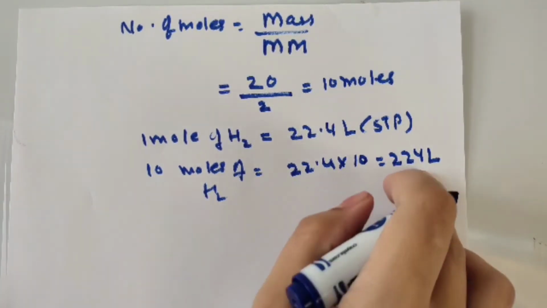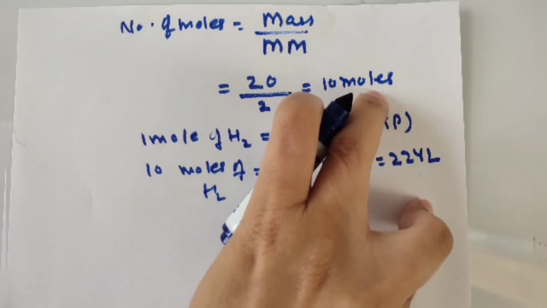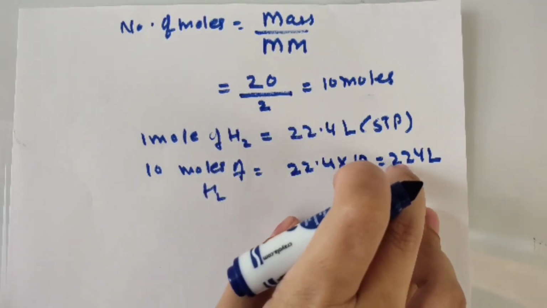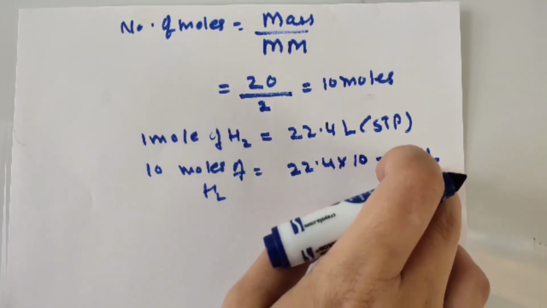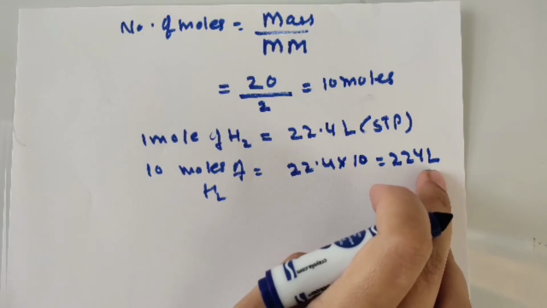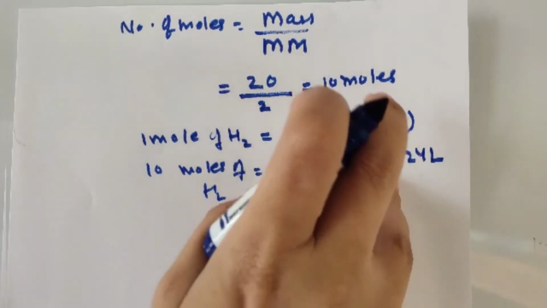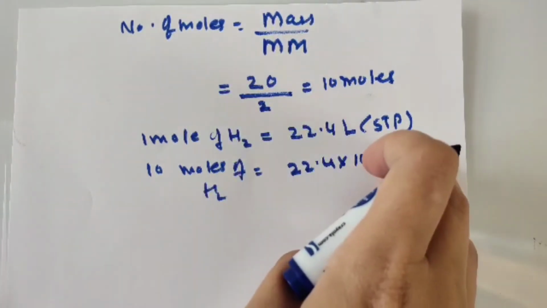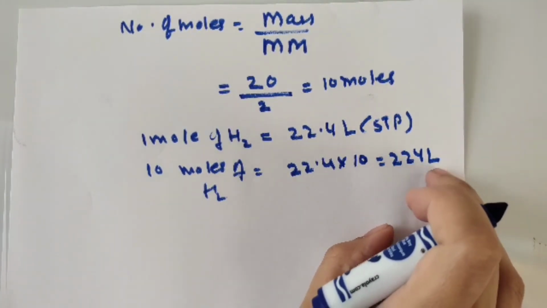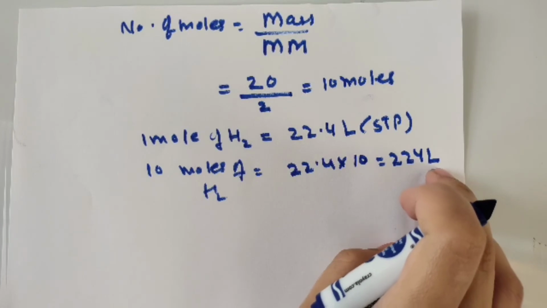So we can say that in 10 moles of H2 gas, there will be 224 liter of H2 gas. Or we can also say that in 20 grams of H2 gas, there is 224 liter of H2 gas.